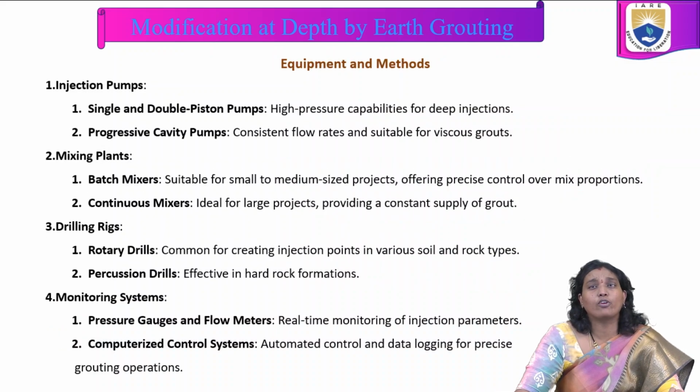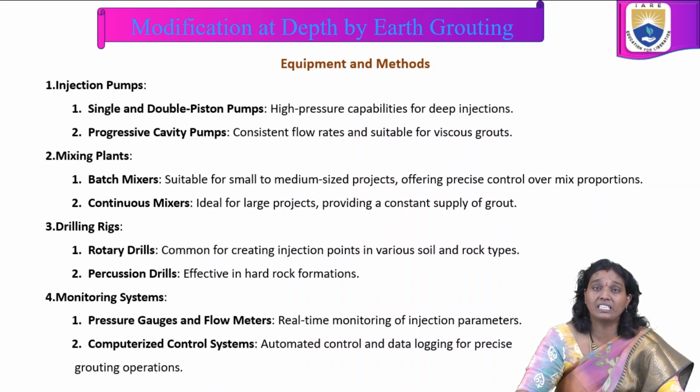And the next one is equipment and methods. Various equipment is used for various methods. The first one is injection pipes, with high pressure capabilities for deep injections, and progressive cavity pumps, which give consistent flow rates and are suitable for viscous grout.